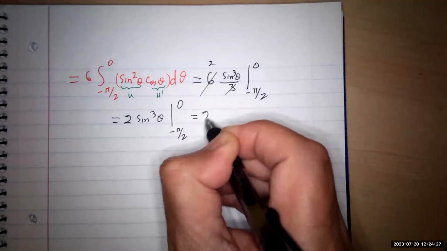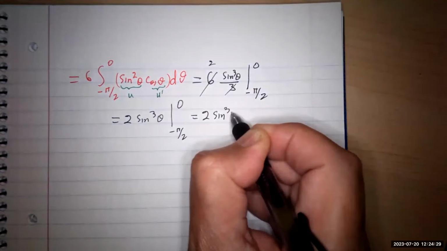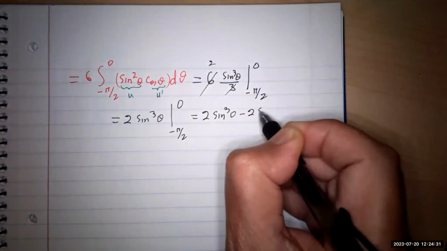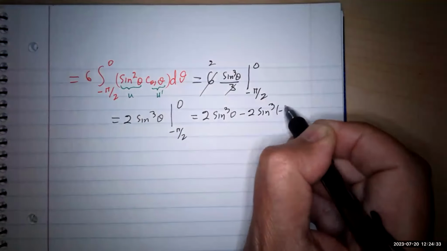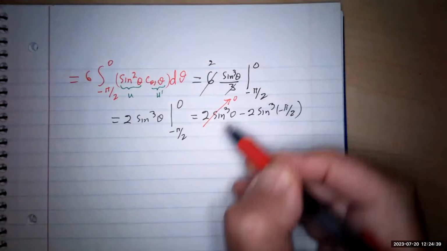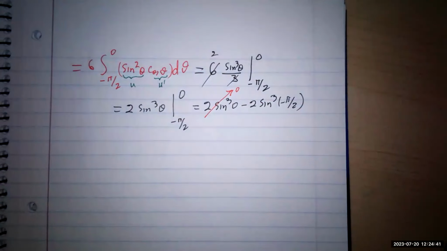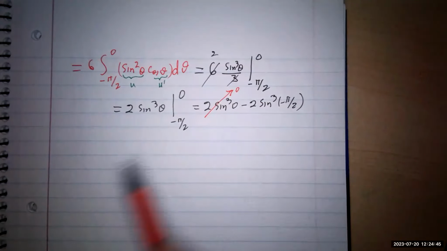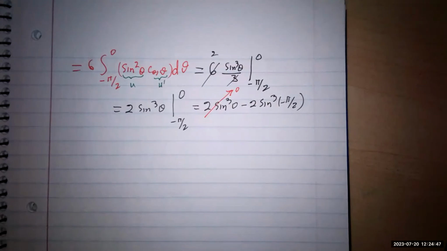So that's 2 sine cube of 0 minus 2 sine cube of negative pi half. Sine of 0 is 0, so this would disappear. Sine of negative pi half is negative 1. Negative 1 cubed is negative 1. Negative would be positive. So the final answer would be 2.